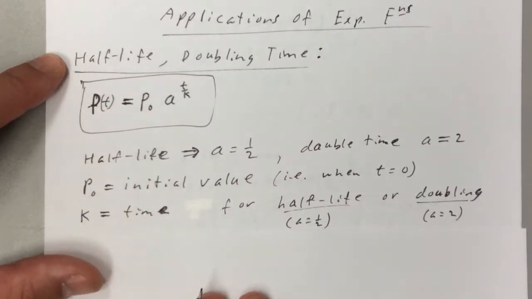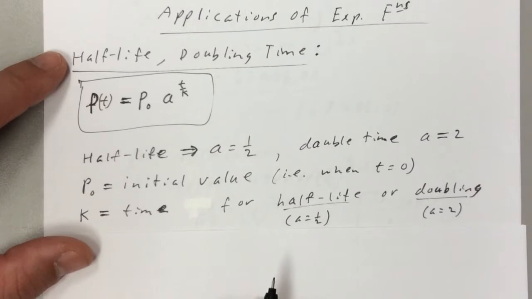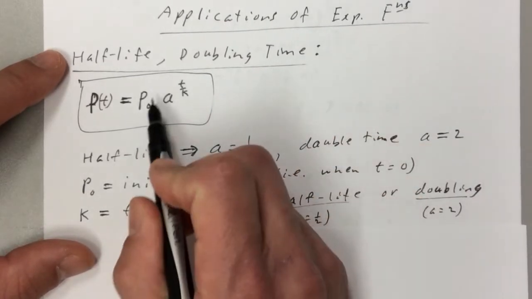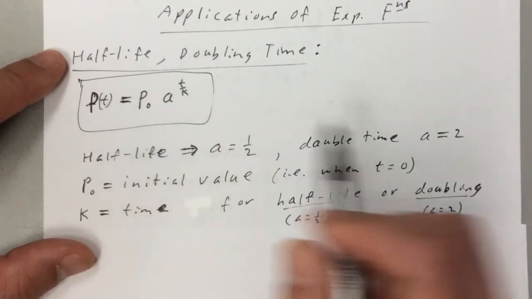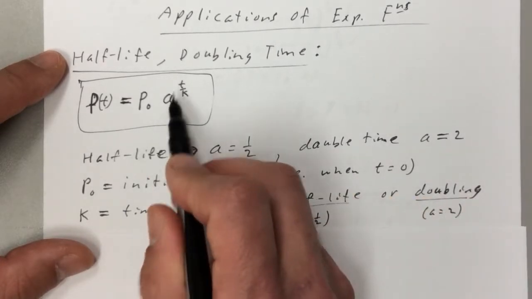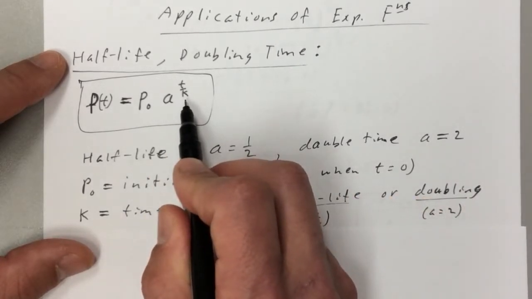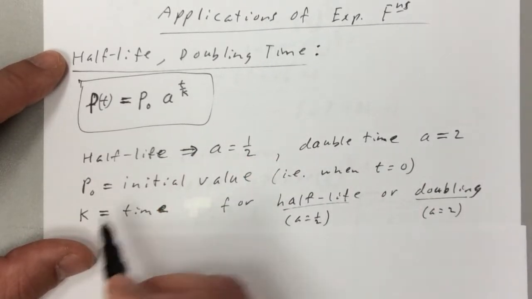As a quick example, if money doubles in 3 years, this is the initial amount of money that you have, and it doubles in 3 years, so you're going to use a equal to 2 because it's a doubling problem. So 2 to the t over k. Well, k equals 3 because it doubles in 3 years, the doubling time.